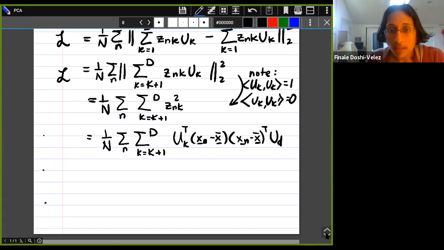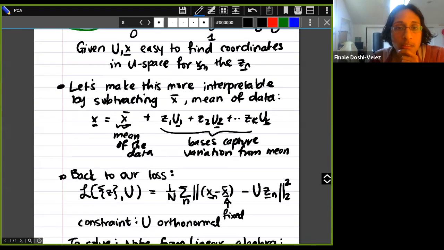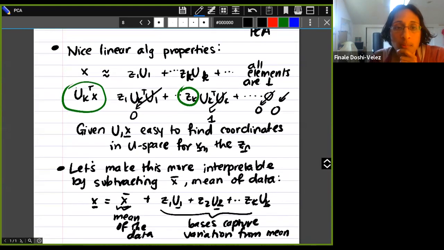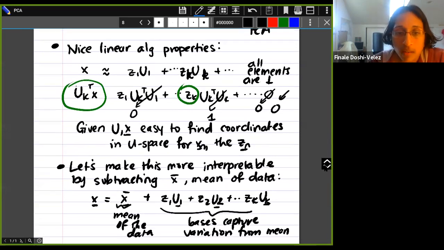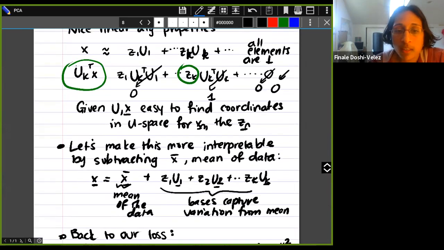And what I've done here, little k, is I've gone up, remember over here that we said there was this nice property that we could find z in terms of u times x, right? So this is taking the projection of x in the direction of u, and that's giving us the coordinate for that direction. And then we said that we're really going to solve for the mean being subtracted out.